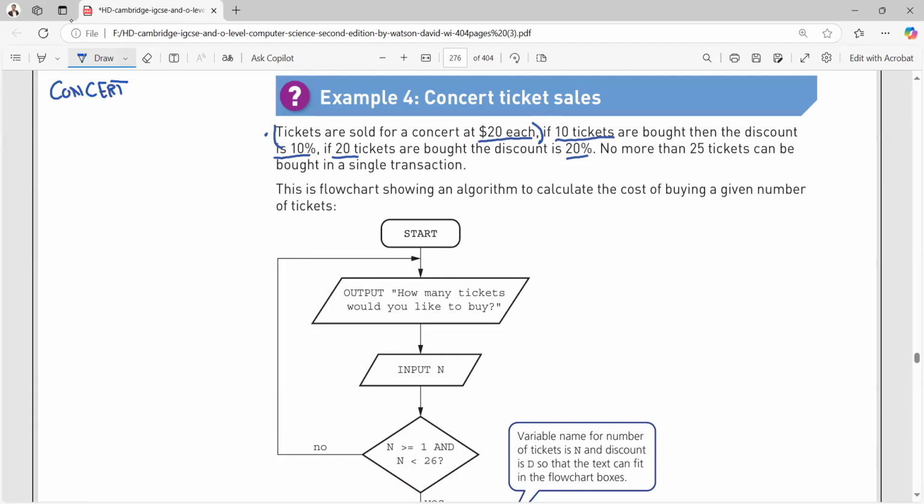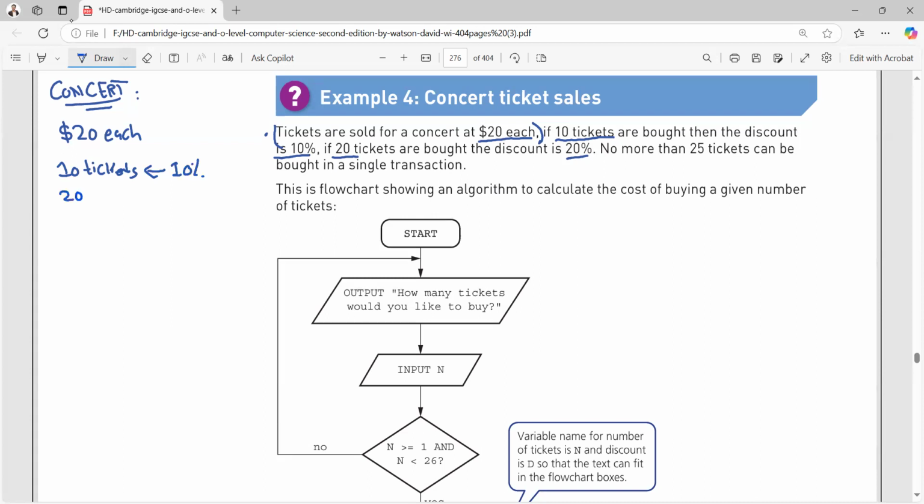So there is basically a concert, and into that concert you have tickets at $20 each. If you are purchasing 10 tickets, then your discount will be 10%.